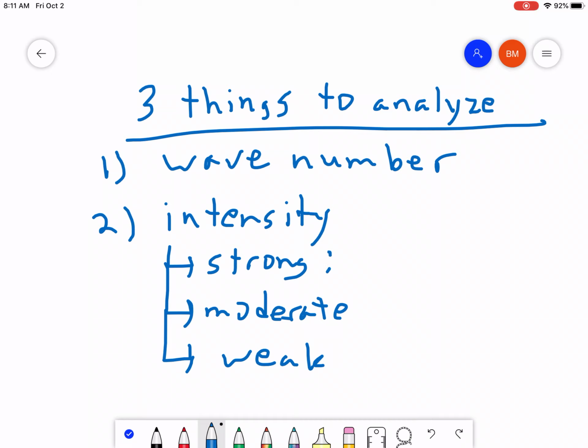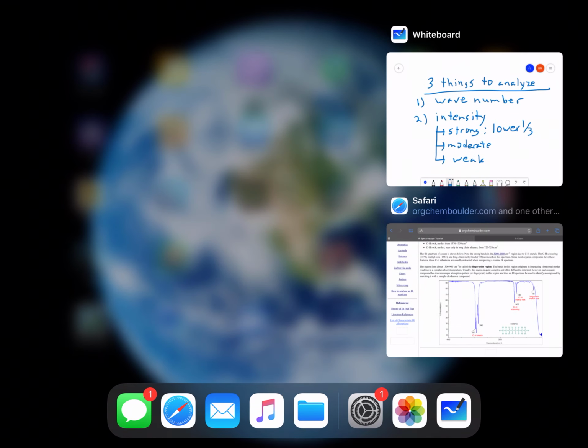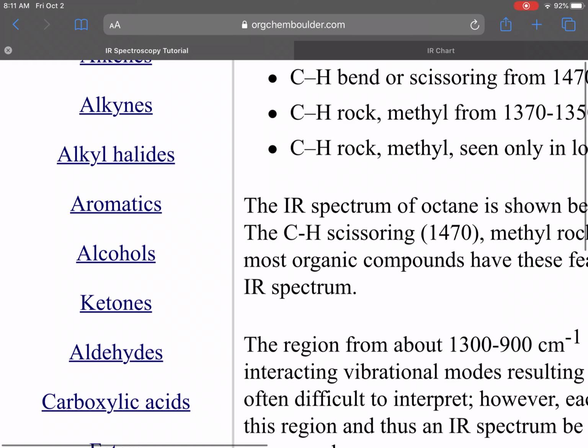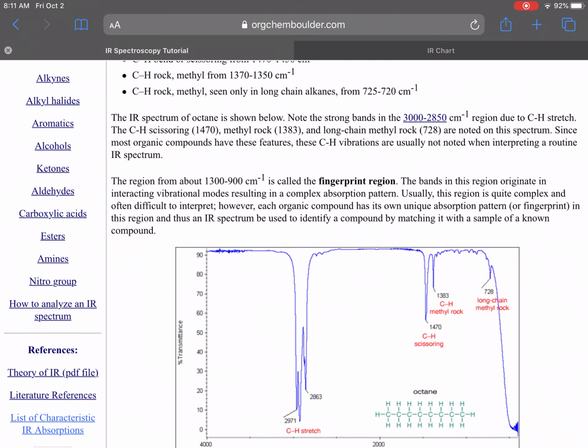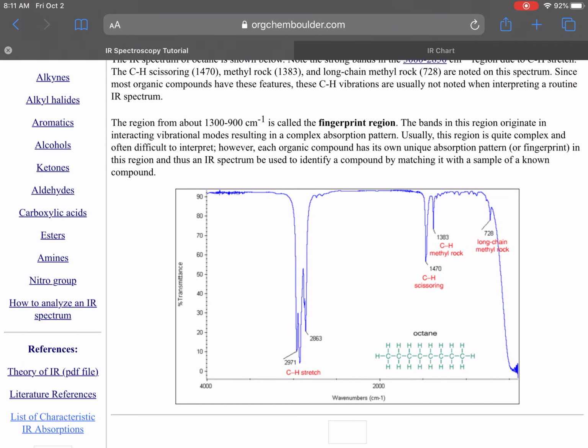I consider a peak a strong peak if it's in the lower third of your percent transmittance scale. Right? So you see here, the peak at 2971 is firmly entrenched in the lower part of that y-axis.